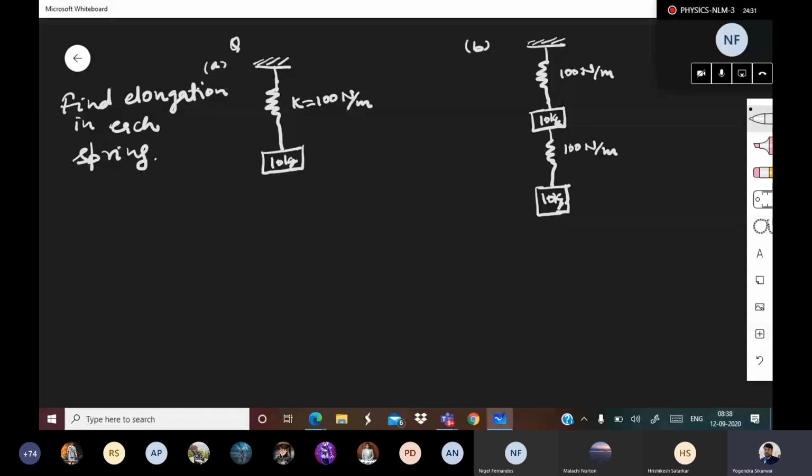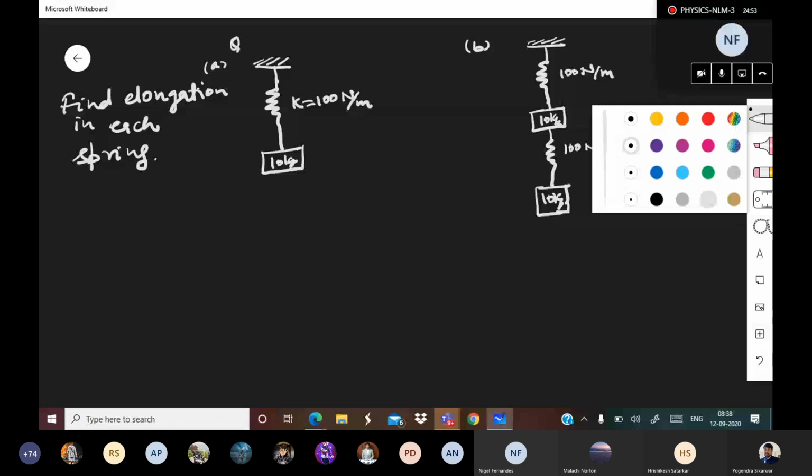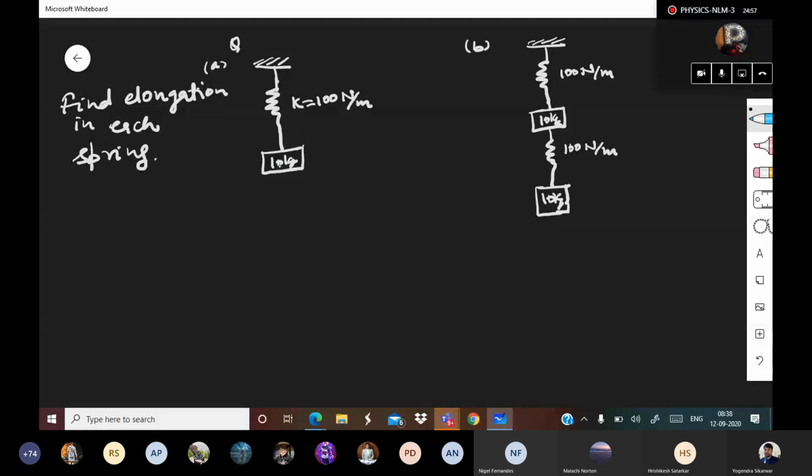Everyone, please pay attention. In the first case, mg will be acting downward. Kx naught is upward, where x naught is the elongation, and the block will be in equilibrium.